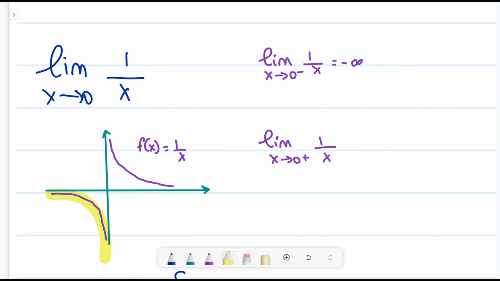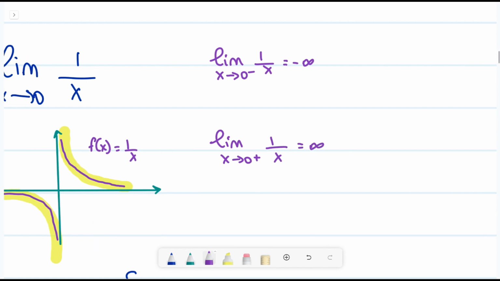However, when x approaches 0 from the right, the function gets bigger and keeps increasing, and in such a case, we write limit of 1 over x as x approaches 0 from the right is positive infinity.